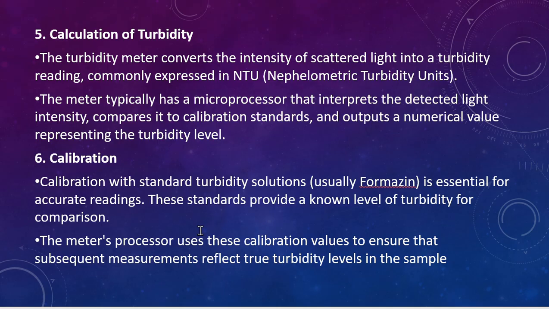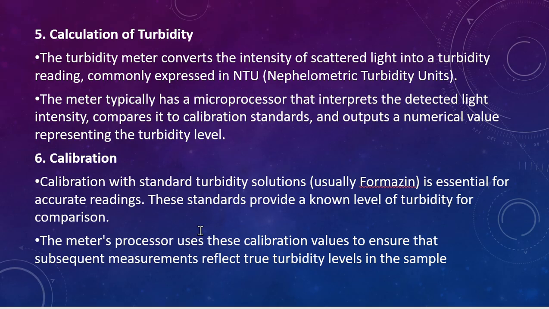The meter typically has a microprocessor that interprets the detected light intensity, compares it to the calibration standard, and outputs a numerical value representing the turbidity level.